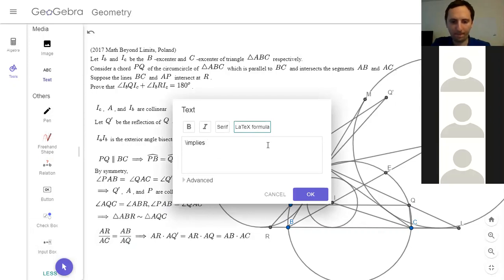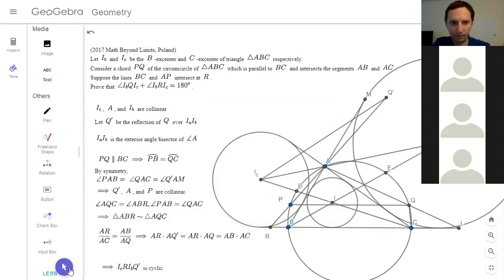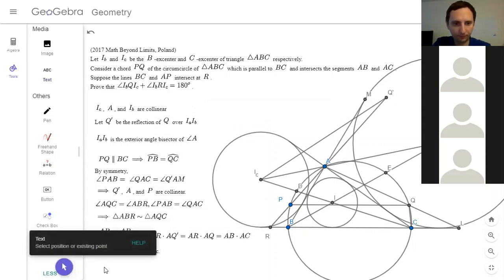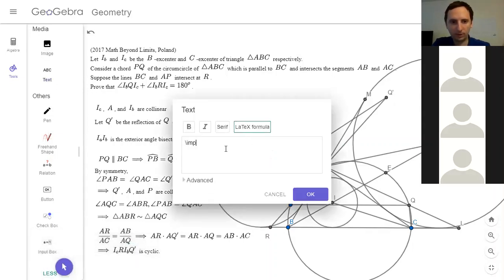So IB, and then just one more line to finish off the proof.